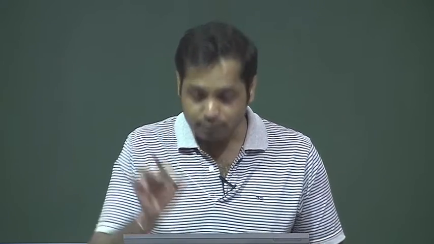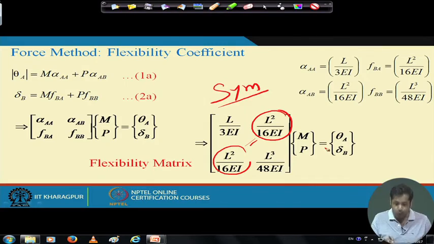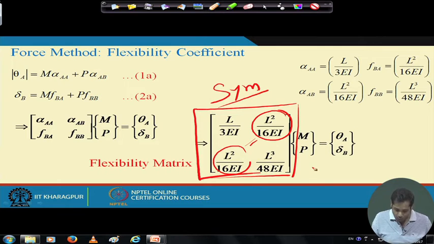Please think about why they are the same, and if they are the same, then what exactly they are telling about the effect of forces or moments, or in general the effect of load on a structure. We will discuss that when we actually solve this problem. But this matrix is symmetric. Now, your job is to check why this matrix is symmetric.